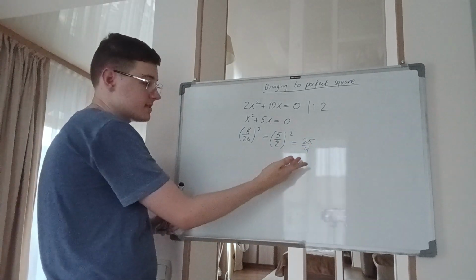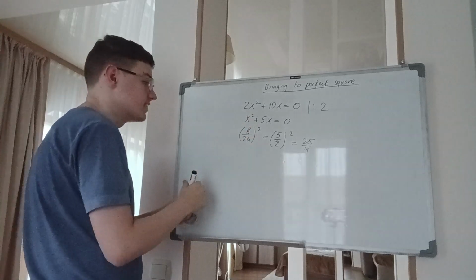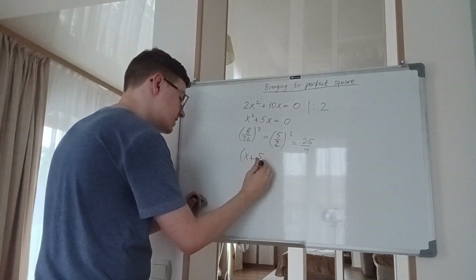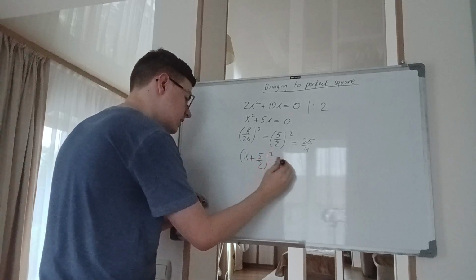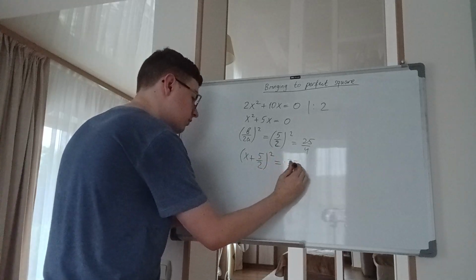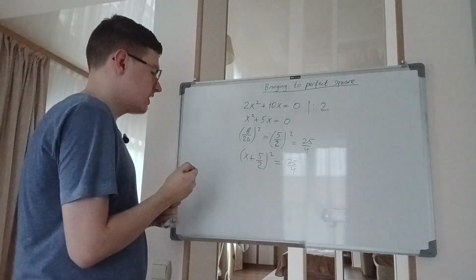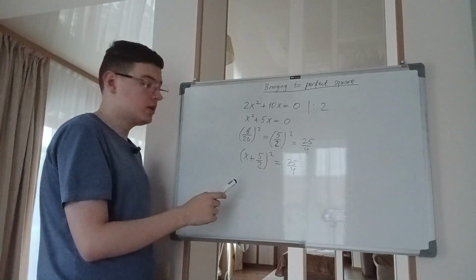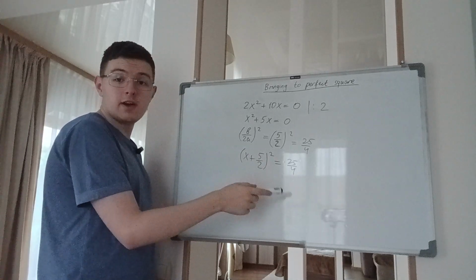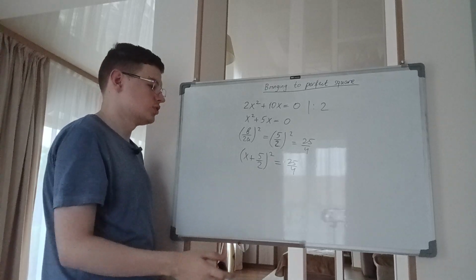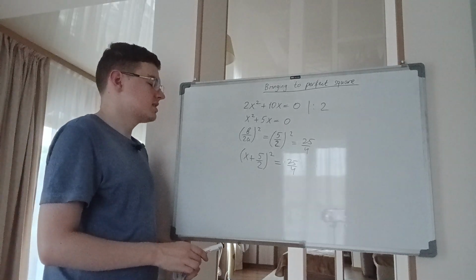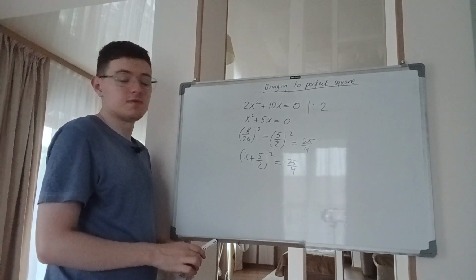And we add this value to both sides, and we receive (x + 5/2)² = 25/4. And just finding the square root, here we have x + 5/2 equals either minus 5/2 or just 5/2. Yeah, and we receive the solutions 0 and −5.